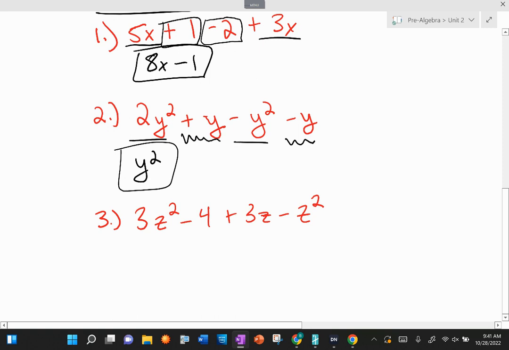They cancel out. Wait, what was the first one? You said 2y squared minus y squared? Yeah, 2y squared minus y squared, and that would come out to just y squared. Why? Because the y squared that doesn't have a number in front of it, we look at that as like a negative.